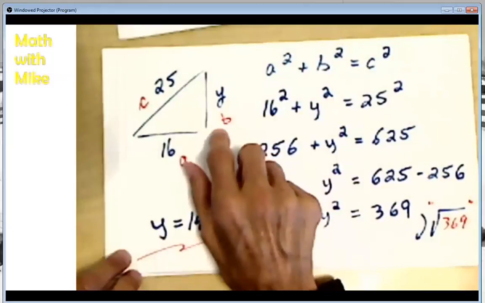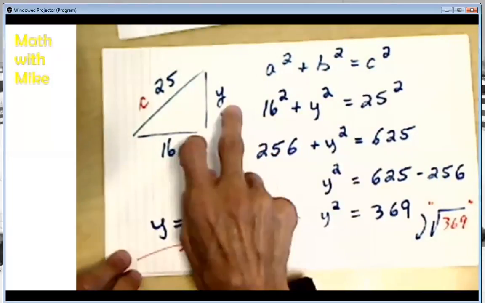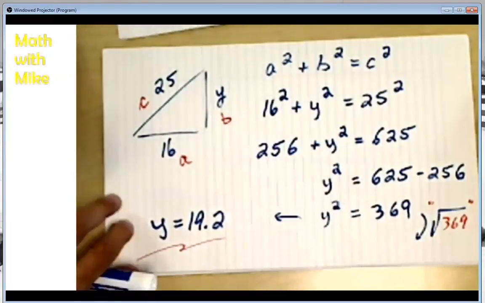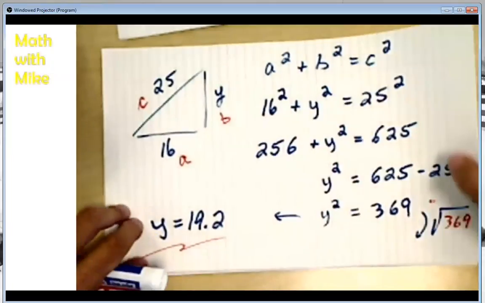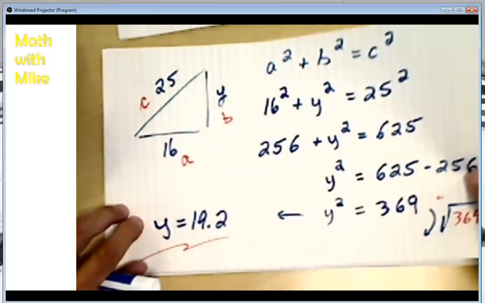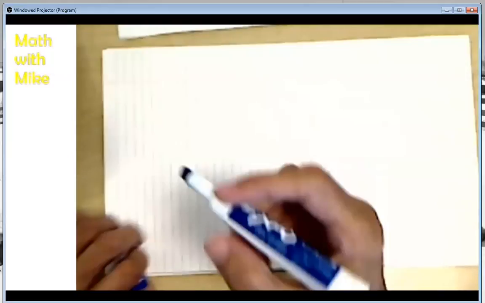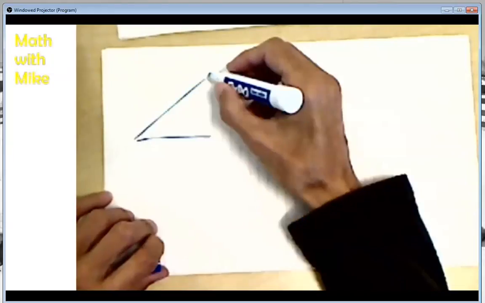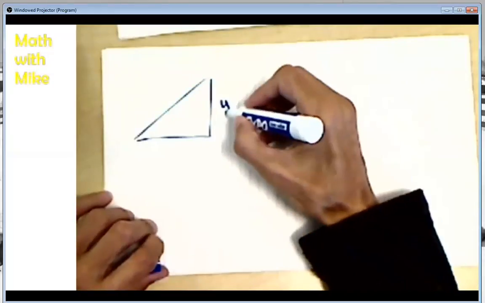If you want to do it with trig, then that solution for the same question would look like this. Using trig, this is what we have, and y is what we're looking for.